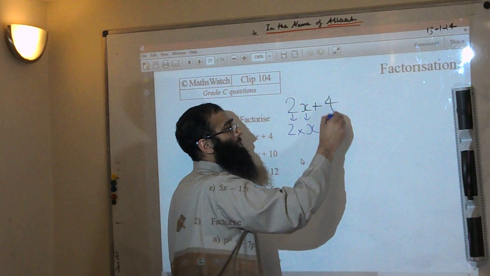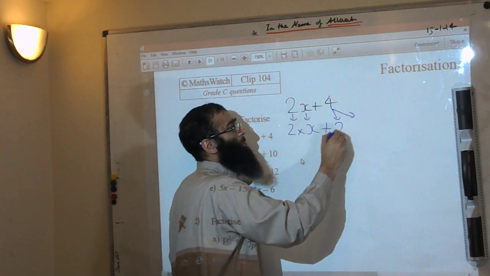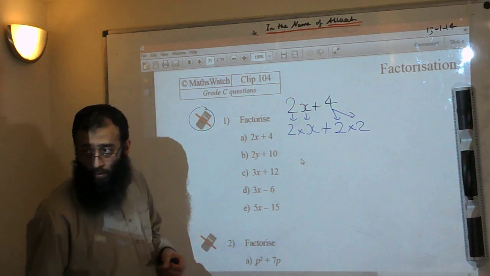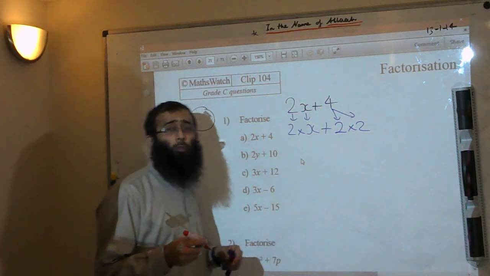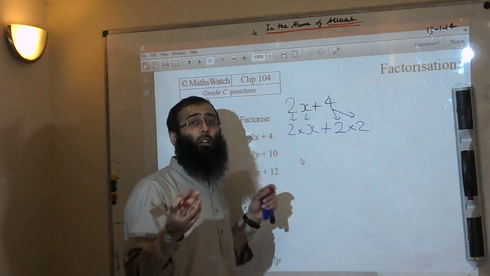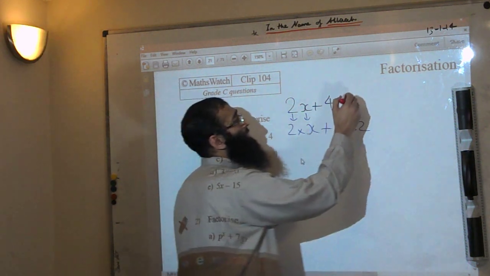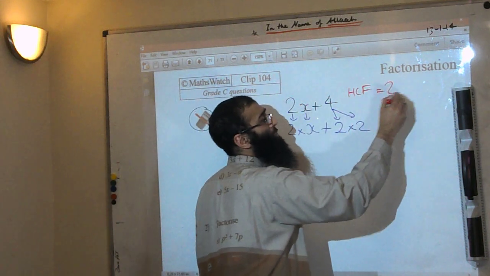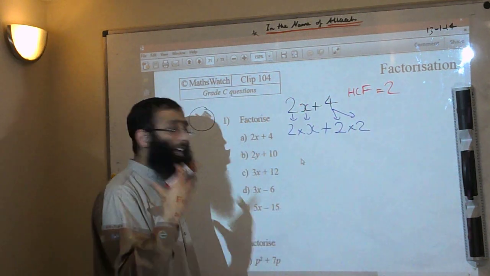And the answer is yes. The number 4 is made up of 2 times 2. So what we're doing now is splitting a number into particular factors, not just any old factor pairs. Particular factors take into consideration that this expression has a highest common factor of 2. So that's our target, that's our goal.